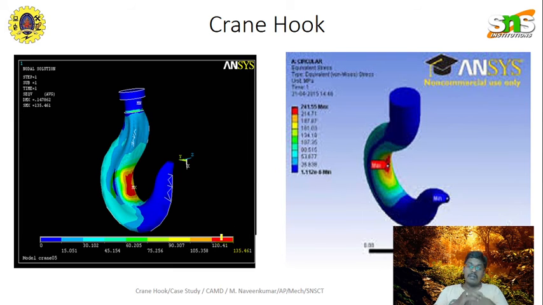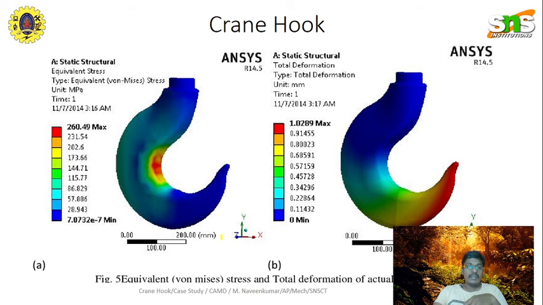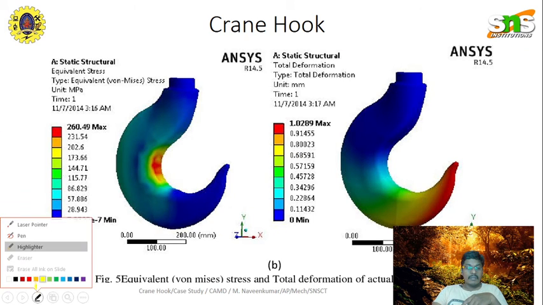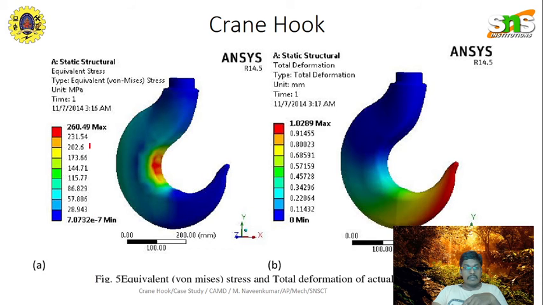The analysis of this crane hook is done through ANSYS software, and here you can find the maximum stress, 260. The reddish area denotes the maximum value, and these values are used to find the performance of this crane hook.